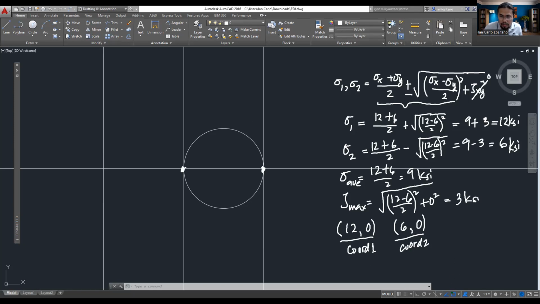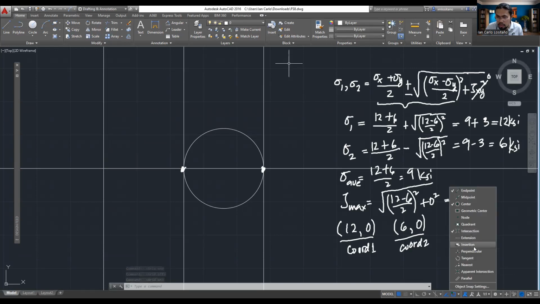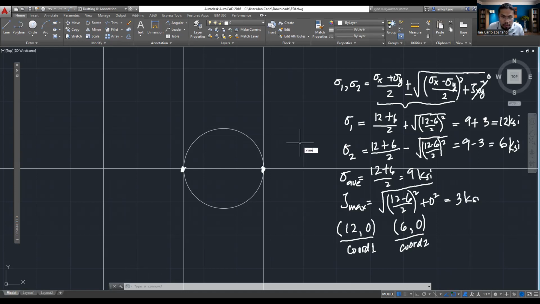We create a tangential line, snap to the tangential x line, create a horizontal, and we get the center of that.